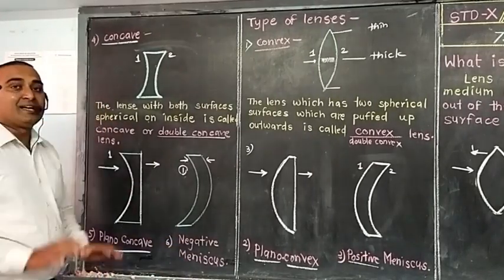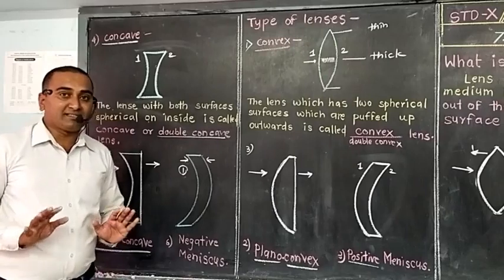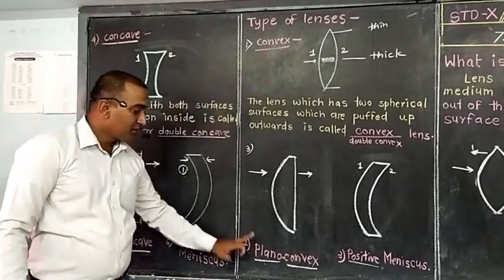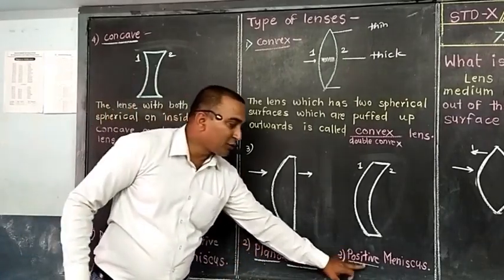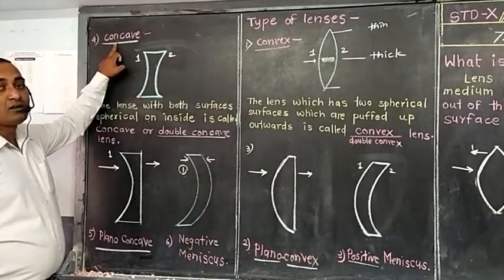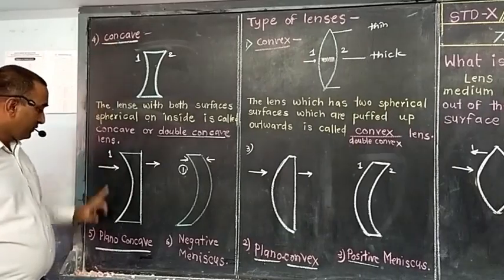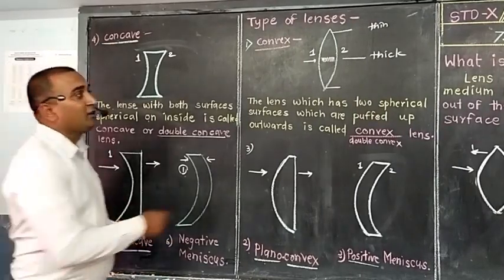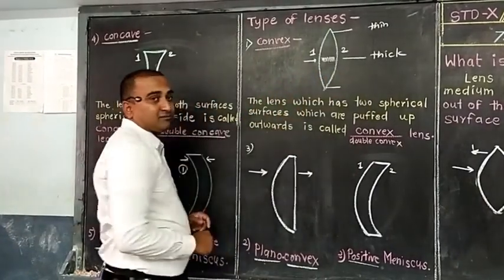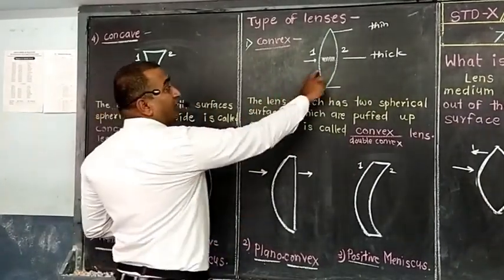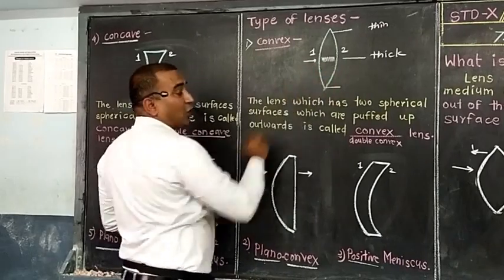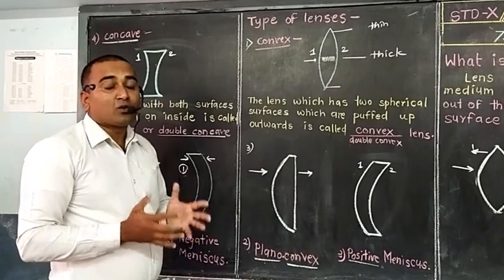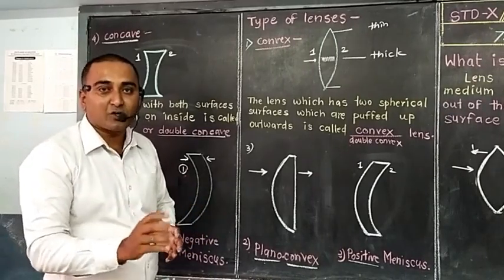So like this, there are 6 types of lenses for our study. First is convex or double convex, plano-convex, positive meniscus, concave or double concave, plano-concave, negative meniscus. How to identify? Both sides are convex, that is outward visible, then it is a double convex lens.